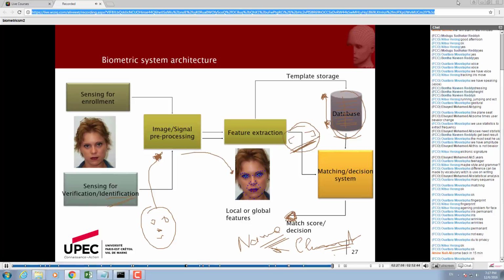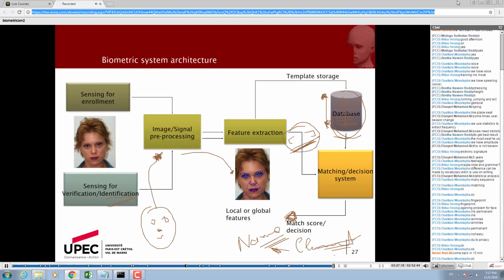But if the database is huge, you have to develop a strategy to find or identify the person. And you can use some classification methods to find out the identity of the person.